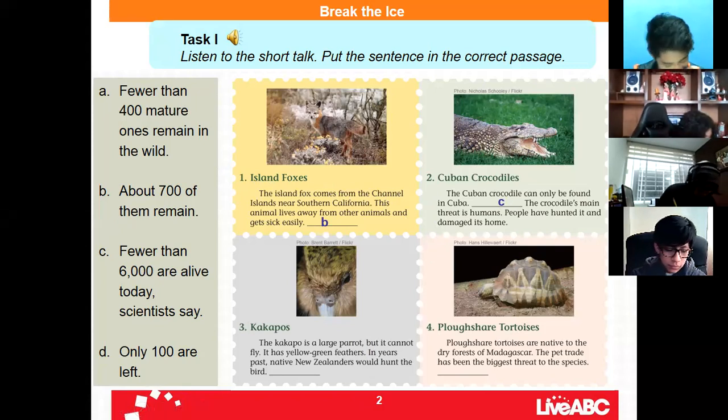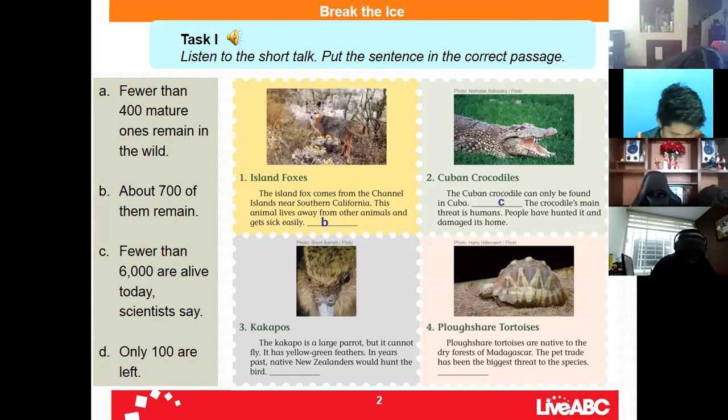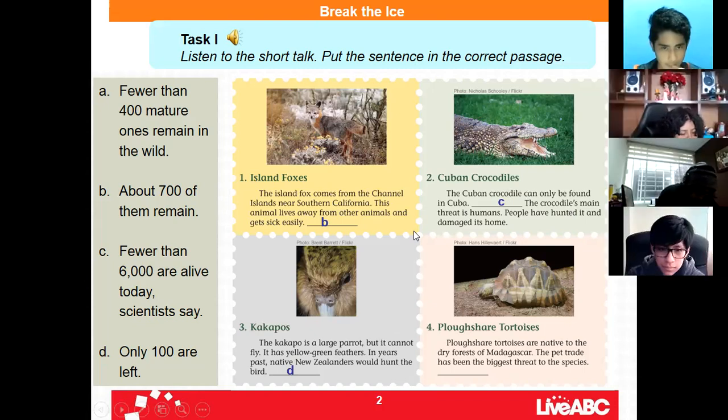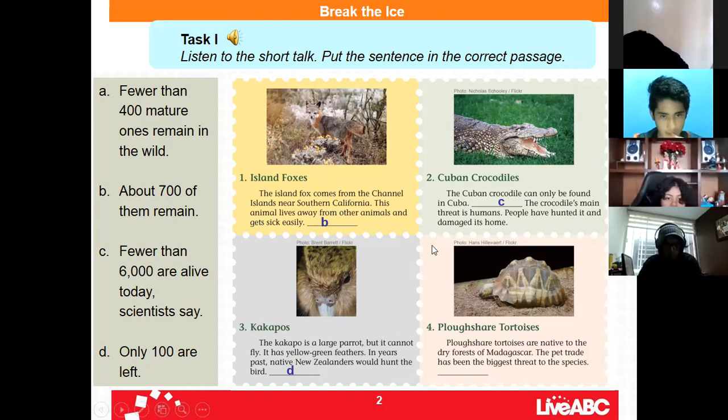Number 3, kakapos, Nicolás. Letter D. Letter D, and finally, Mateo. Number 4, tortoise. Letter A. Letter A. Excelente, good job.